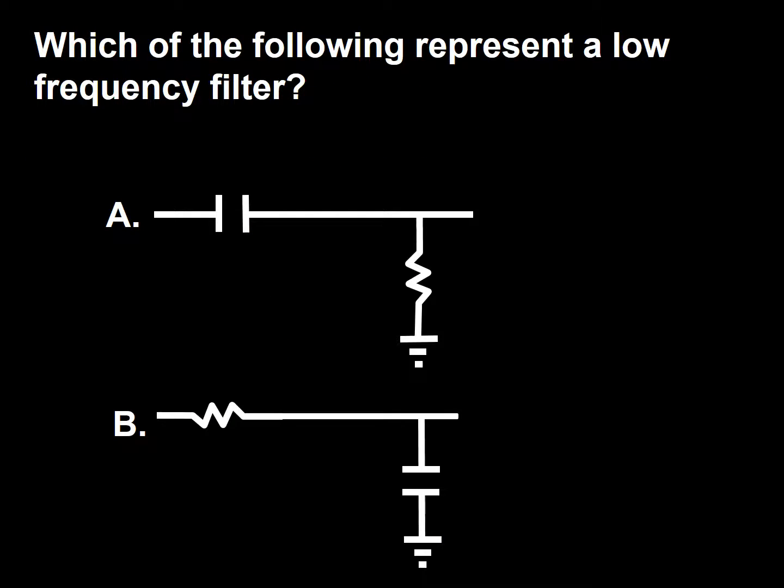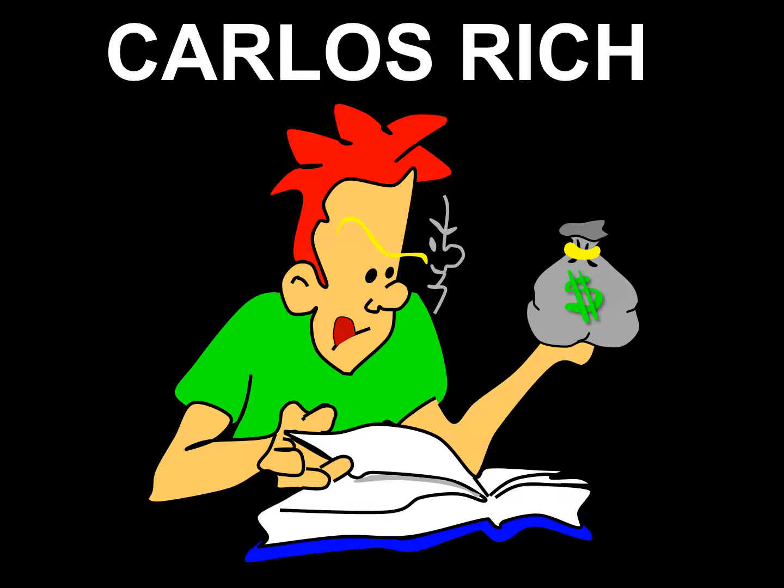Next question. Which of the following structures below represents a low frequency filter? A or B? Remember Carlos Rich, the guy that quit medical school to become a stock market day trader.